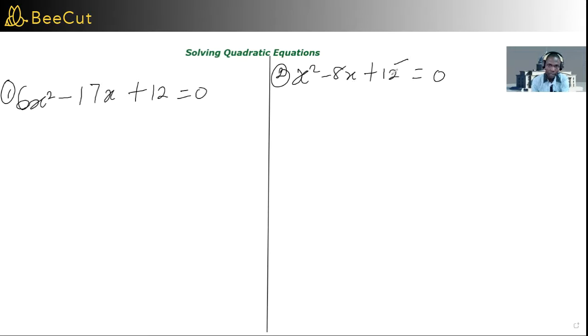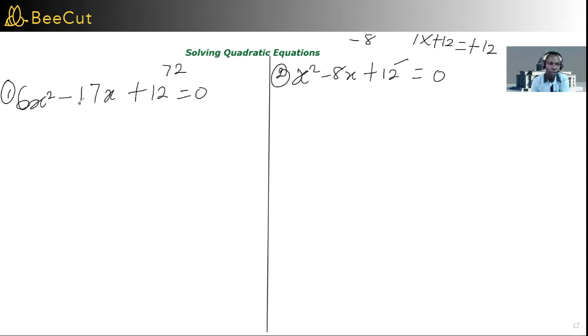What I have here is plus 12, and what I have beside x squared is 1. So I have 1 times positive 12, which is positive 12. Then I have the middle number to be negative 8. But in the first case, I have 6 times 12, and that is 72.